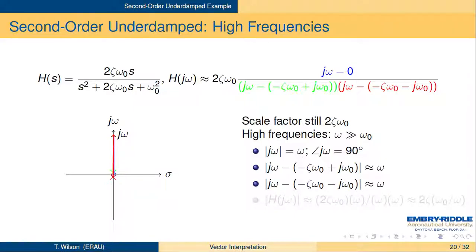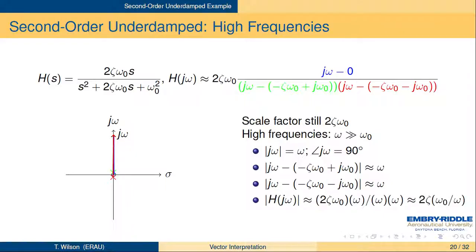And even though the other pole is a mirror image on the other side of the s equals sigma, the real, imaginary part equals 0 line, we're still about omega away from that one. Omega is so much bigger than omega 0 here that they're all omega away.